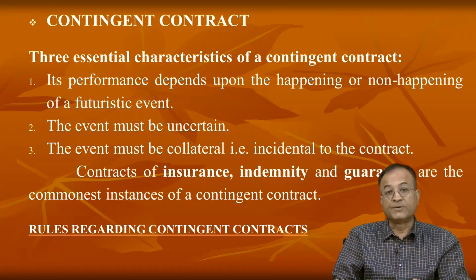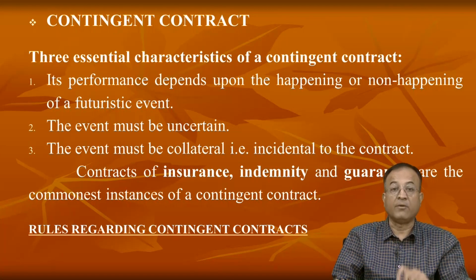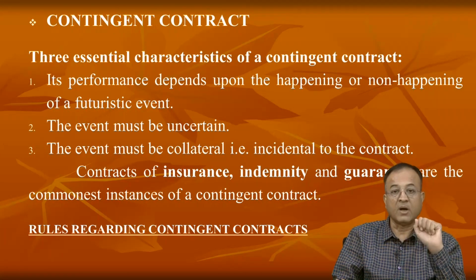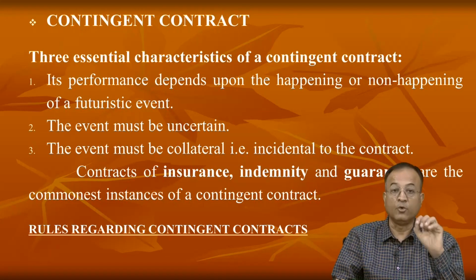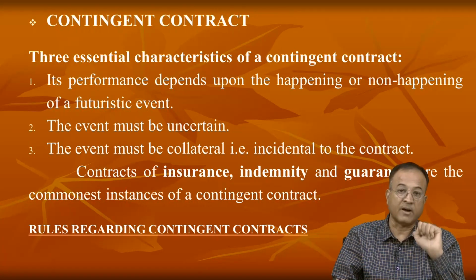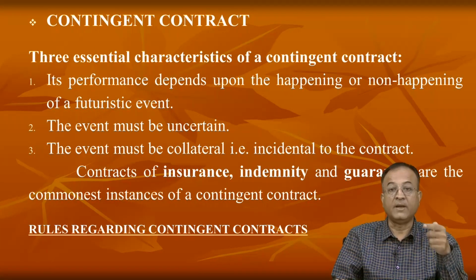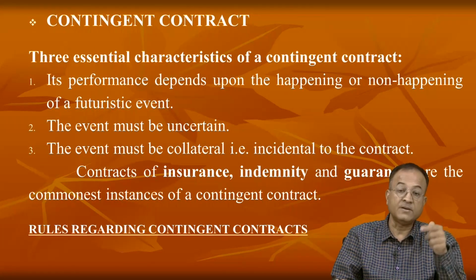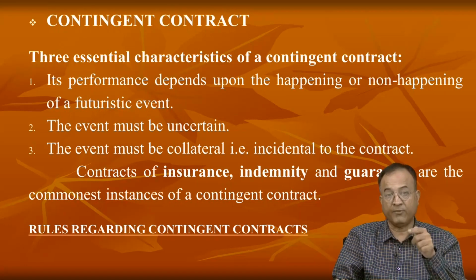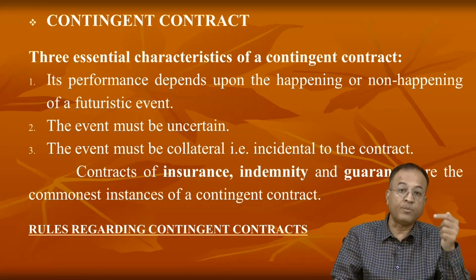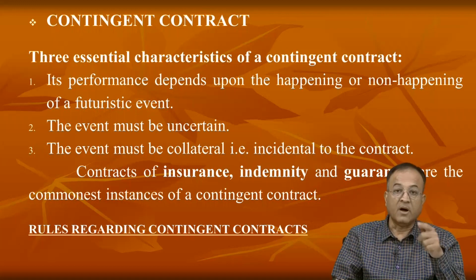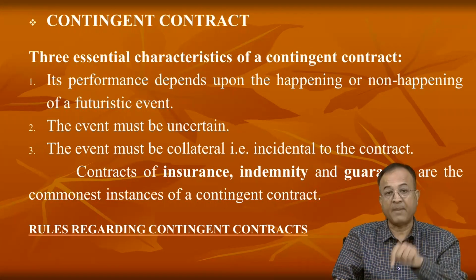Now, rules regarding contingent contract. A few important rules regarding contingent contracts. First, a contingent contract depends on the happening of an uncertain future event and cannot be enforced until the event has happened.